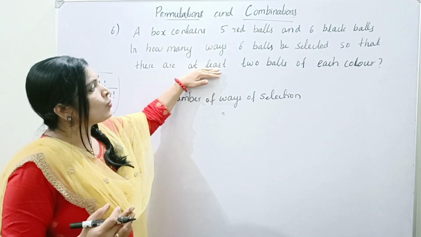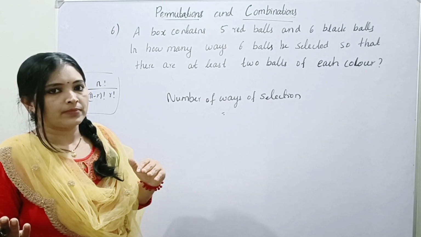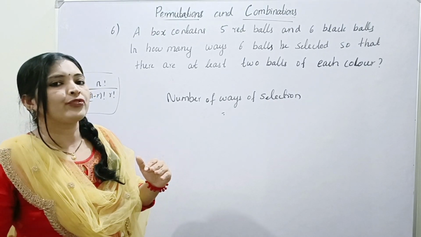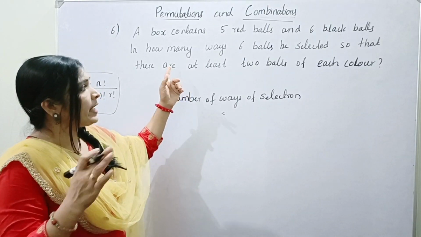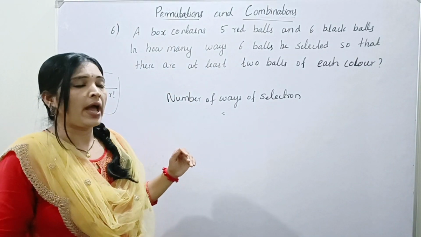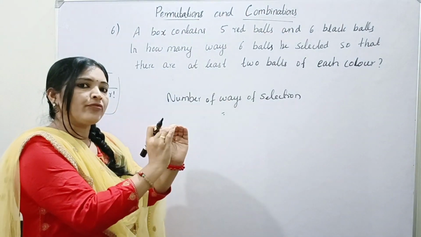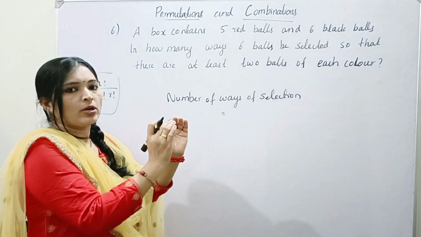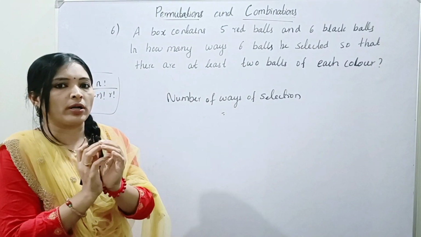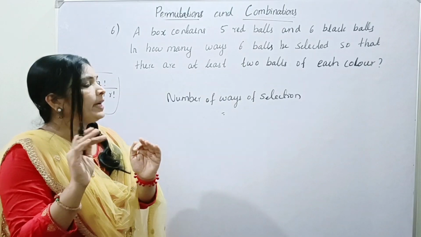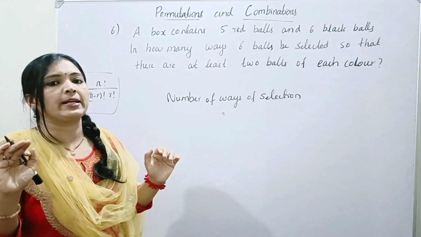Here 3 is also possible, 2, 3, 4, 5 is also possible, but here it is mentioned at least 2 balls of each color, and 6 balls we have to select in total. If we select 5 balls, then another one will be 1 ball, right? 5 plus 1 is not possible because it is mentioned at least 2 balls of each color.